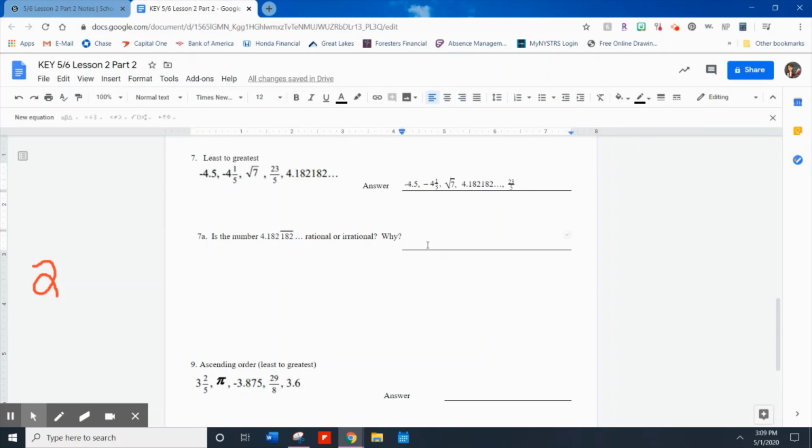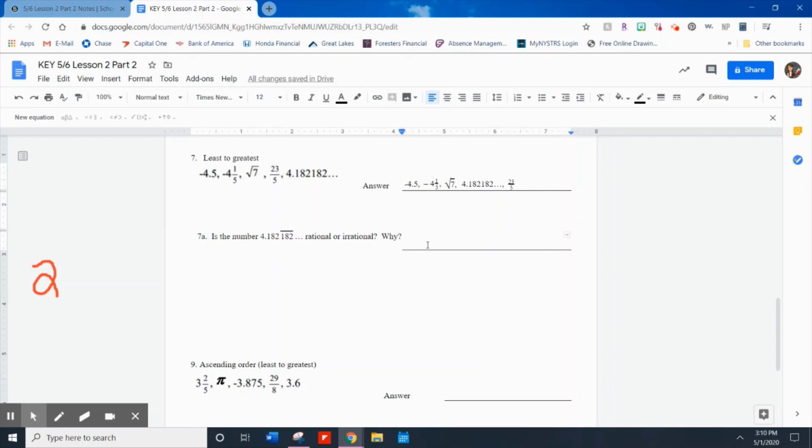If you have one of our scientific calculators, grab it and type in 4.182, 182, 182. Keep going until you get tired, 182. Press enter, second PRB, and you should see a fraction is created.